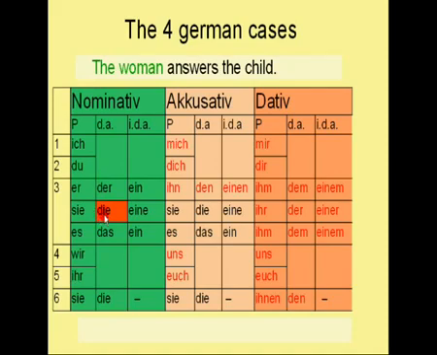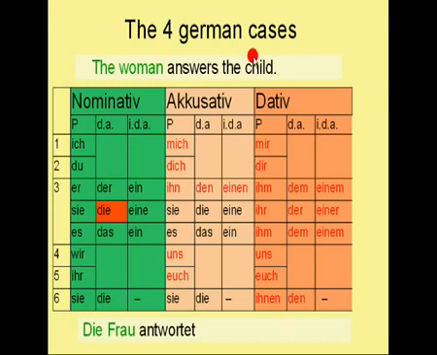Therefore we look for the definite feminine article in German. It is die. And do you remember what woman means in German? Woman means Frau in German. Therefore the sentence starts with die Frau antwortet, and antworten being the conjugated verb in German for answer.